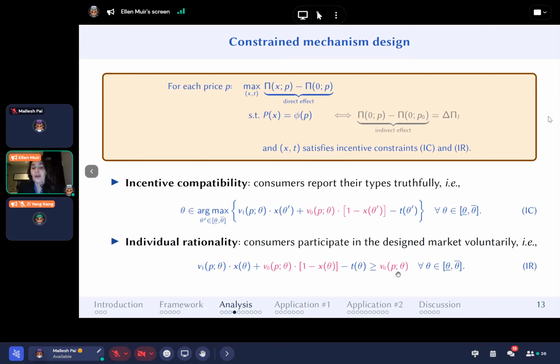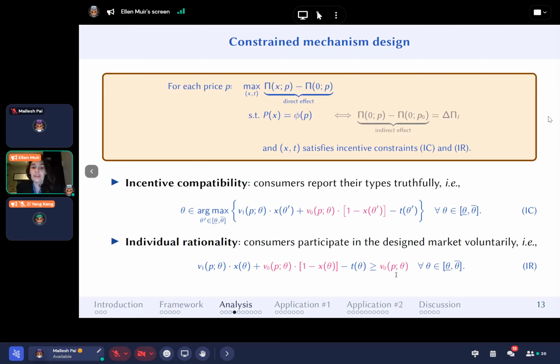And then also potentially agents can just directly participate in the aftermarket, bypassing the mechanism that's been offered by the designer, and the designer has no way of preventing that, but what they can do is influence the trading position or the allocation of that agent when they enter the aftermarket. So that's why we get this dependence on the payoff if the agent doesn't participate in the mechanism, just directly on the equilibrium payoff that agent would then get in the aftermarket.